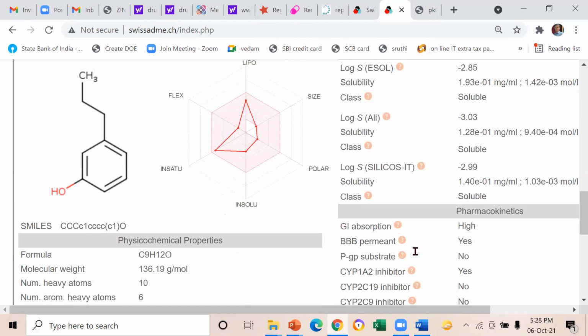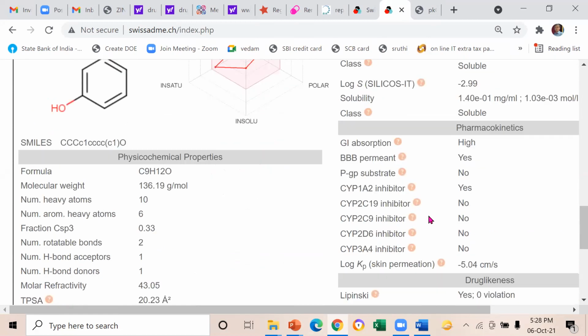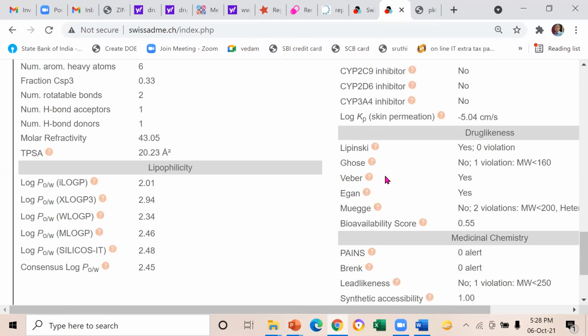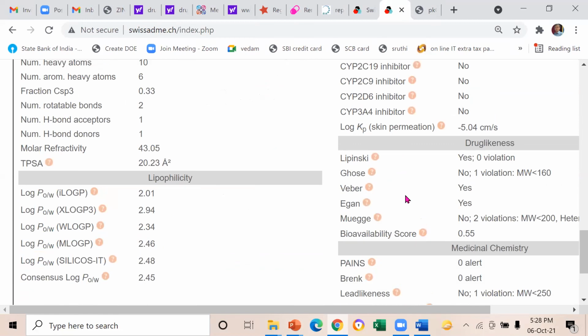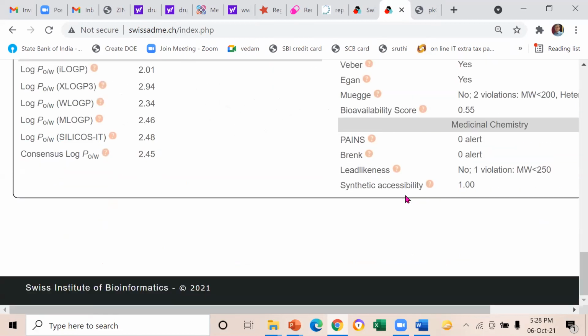Okay, so all these properties are given. It also gives you all the rules: Lipinski's rule, Veber's rule, so a lot of these rules actually.